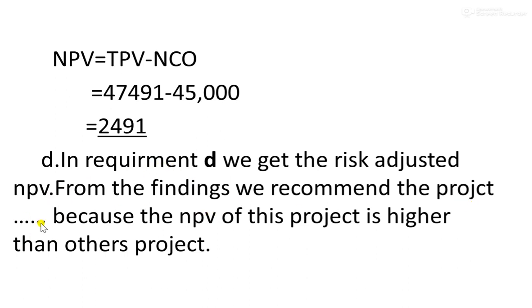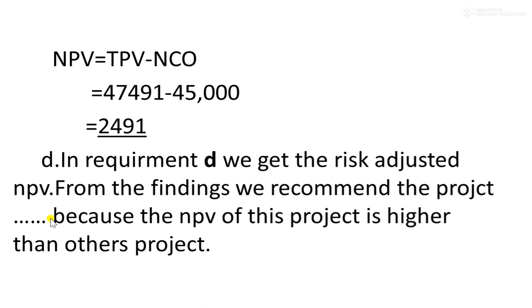Actually, we do not know which project is acceptable because we did not calculate all 3 projects. We only calculated 1 project, and the other 2 projects are homework. You find the risk adjusted discount rate and risk adjusted NPV for the 2 projects. Then you can say which project is acceptable.